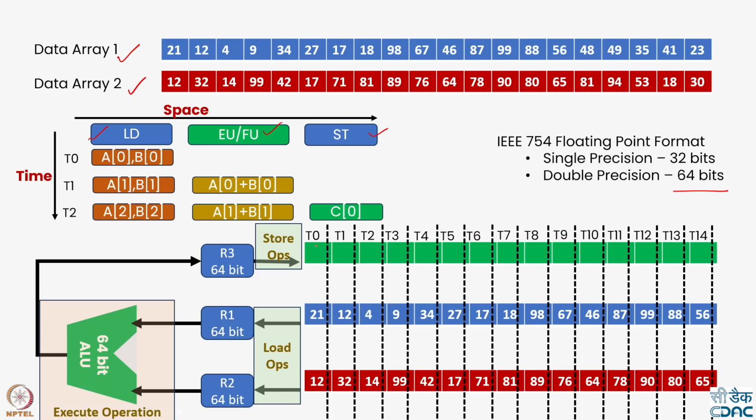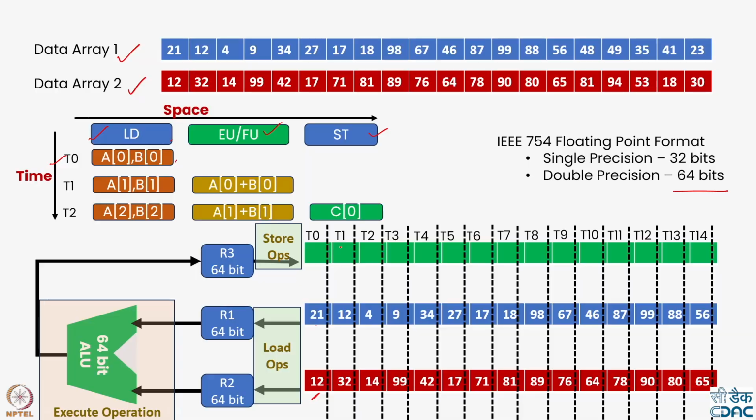At clock cycle T0 in the pipelining stage, you can see that elements 21 and 12 go to the load unit, and the operation performed is loading data from global memory to registers. Here you can see where this operation is happening; a load unit is performing this operation.